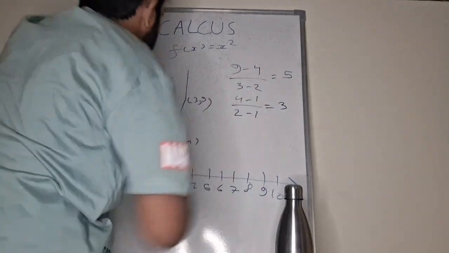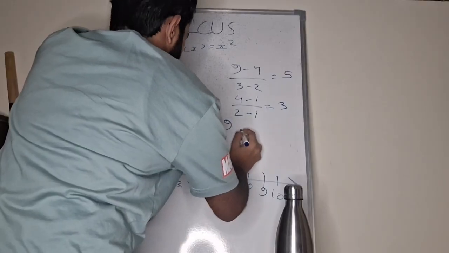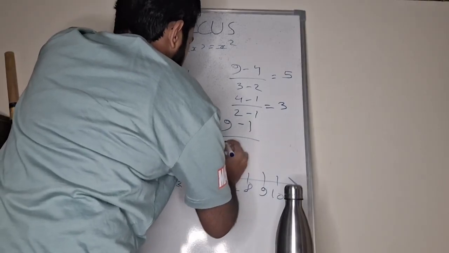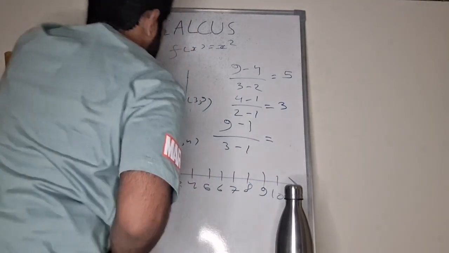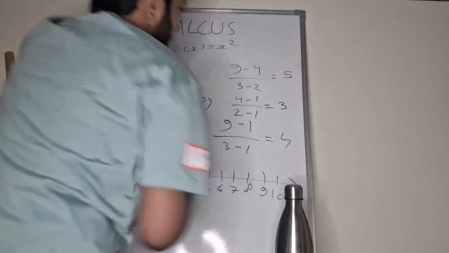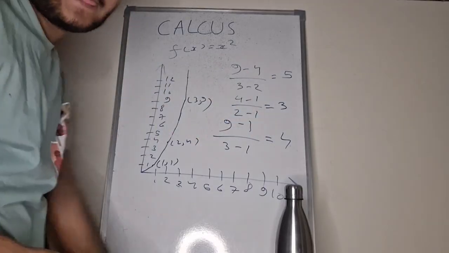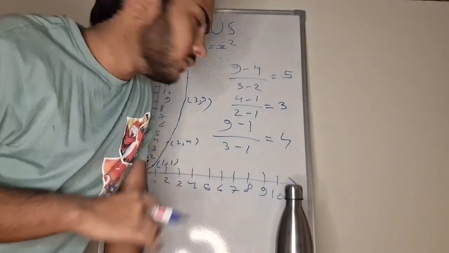They're different, they're not the same. And when we do 9 minus 1 upon 3 minus 1, the result is 4. These all are different: 5, 3, 4, which means that the velocity is not constant.